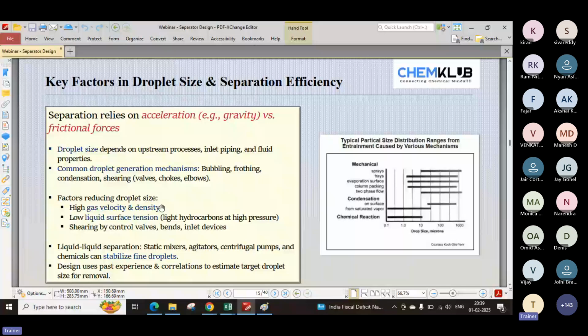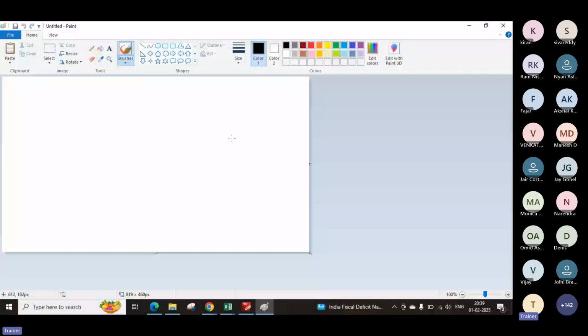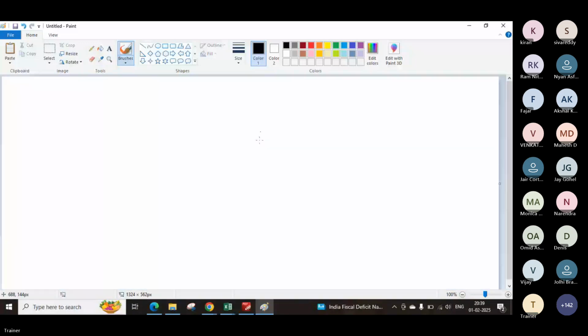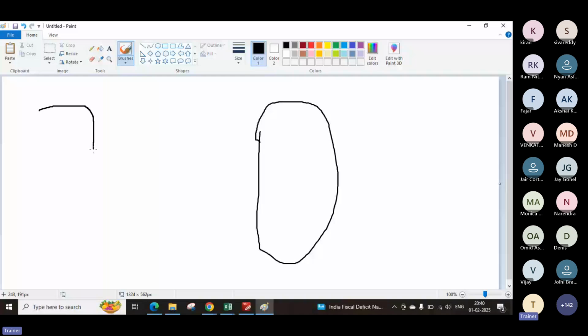Now, if the fluid is flowing to any separator, let me draw one quick example for you, to define how the droplet is formed. Suppose you have this vessel. My drawing is not that clear, so please adjust with this.